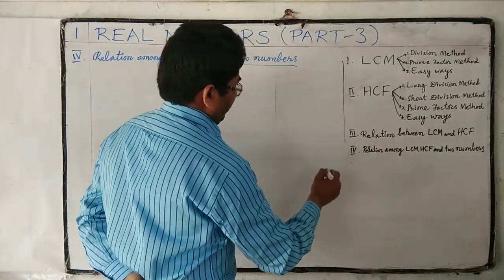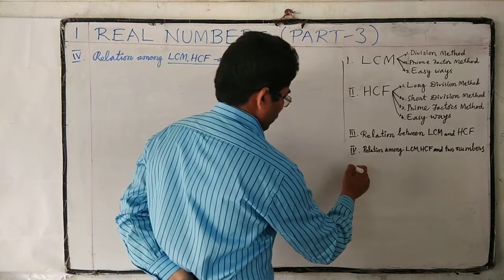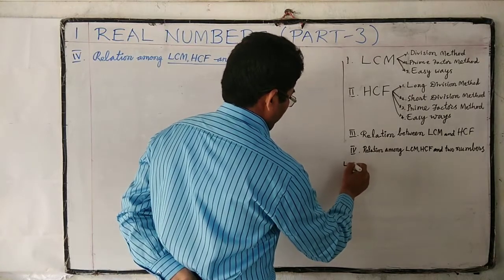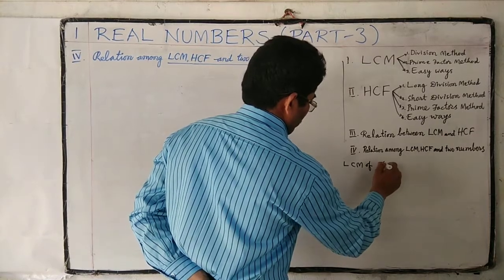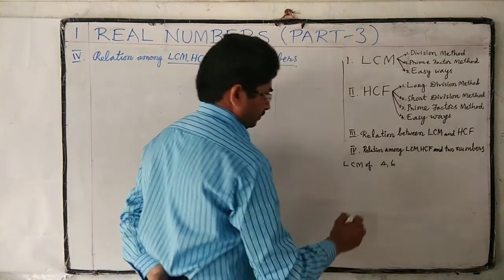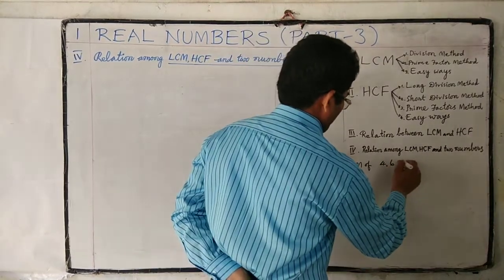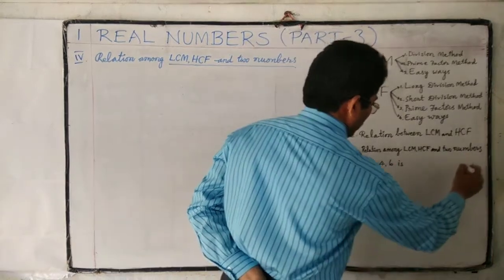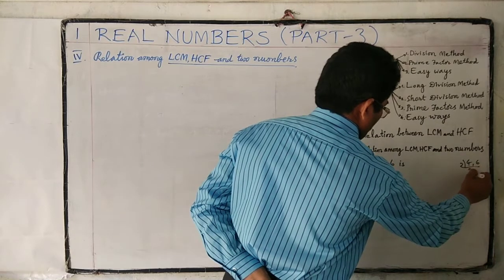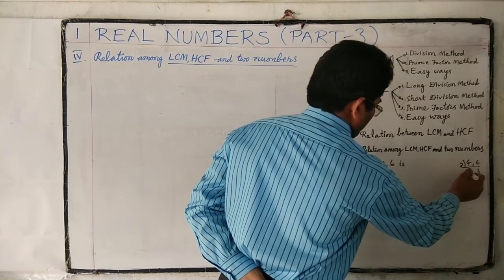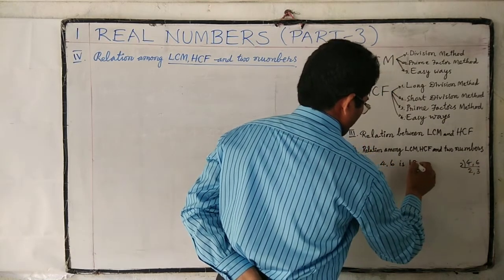Let us take one example. LCM of 4, 6: 2 2s are 4, 2 3s are 6, so 2 2s are 4, 4 3s are 12.